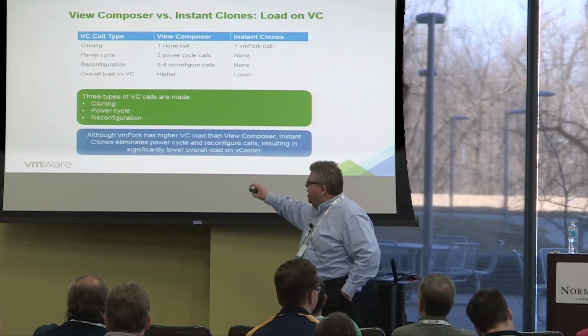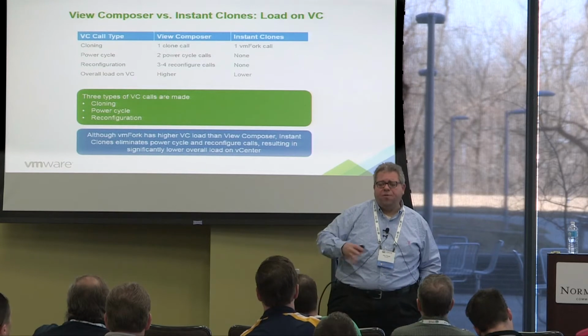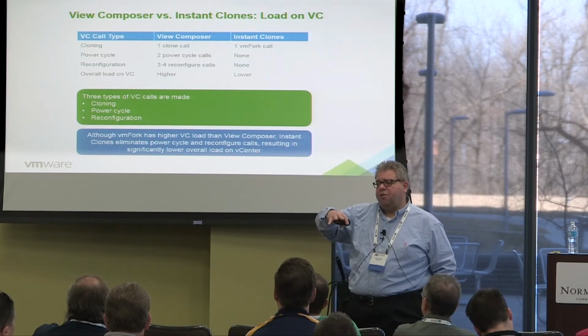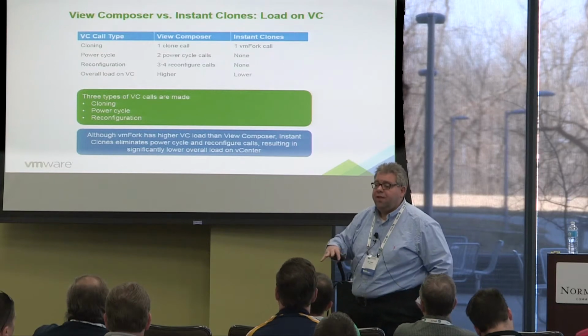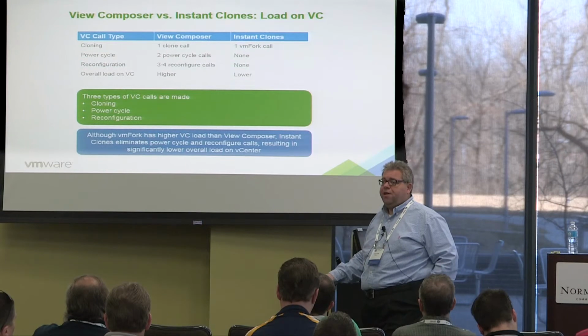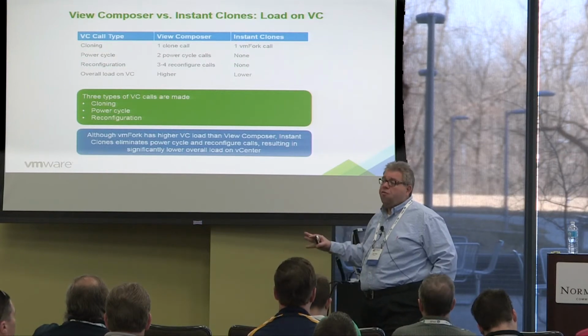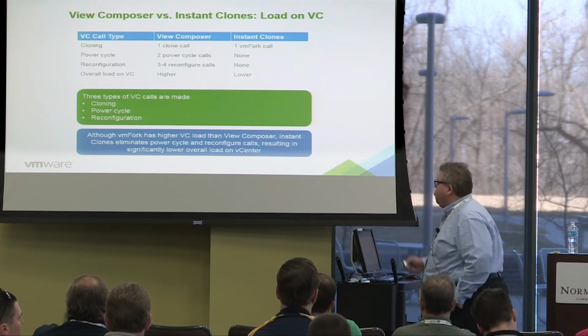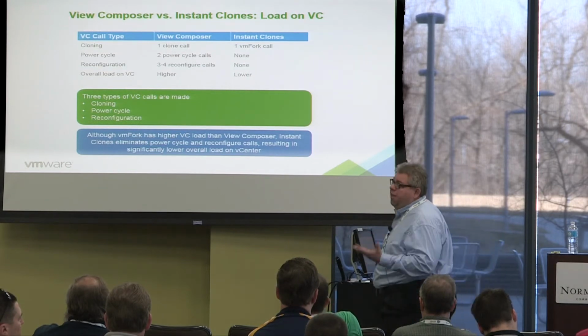The instant clone process, because it's part of vSphere, it's part of vCenter, potentially puts a higher load on the vCenter itself, but the overall load for doing this is much lower because I'm not going through those power cycles, I'm not going through those reconfigurations, so it's overall a much lower load on vCenter. So it works much quicker and much more efficiently than link clones do.